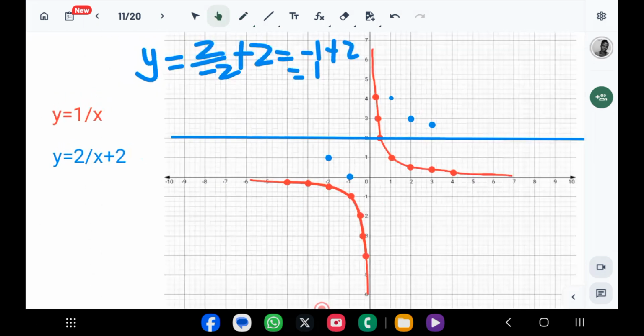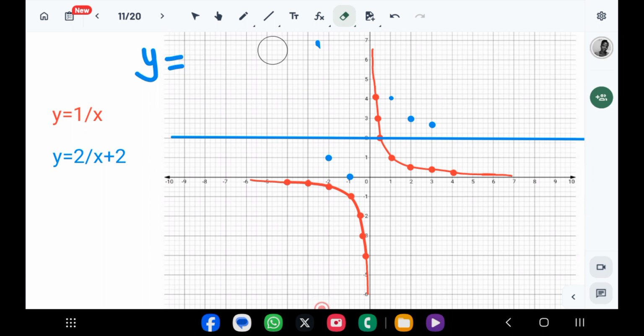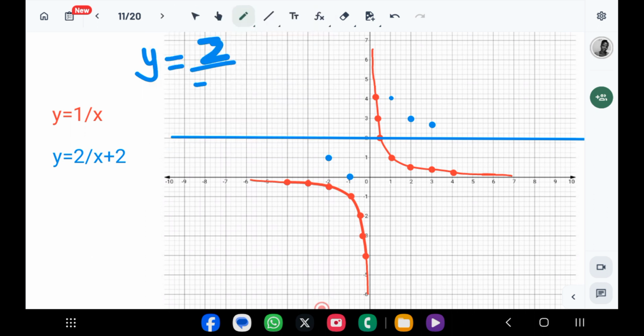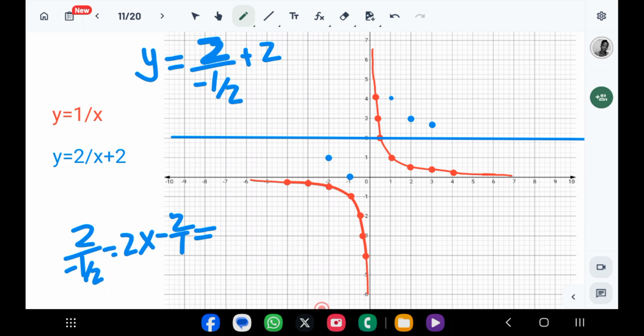Then when x equals -half, let's try and figure that one out. We've got 2 over -half plus 2, which is 2 over -half, that is 2 times -2 over 1. You flip that upside down, and that is equal to -4.